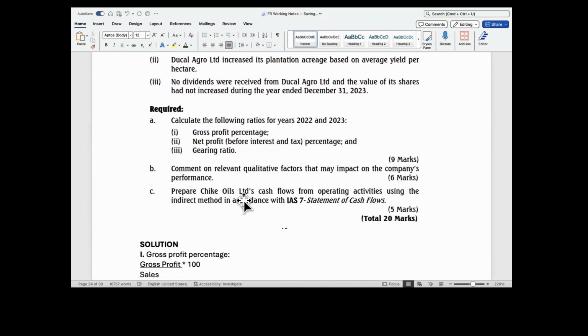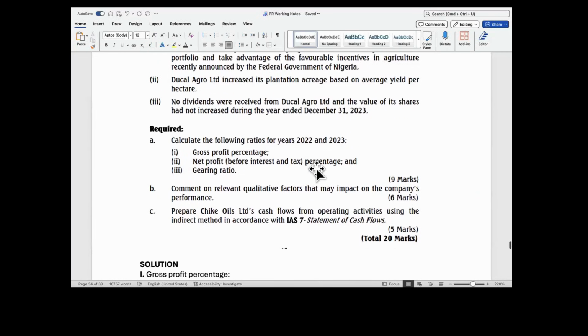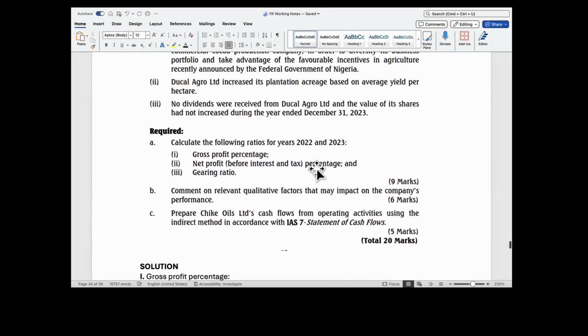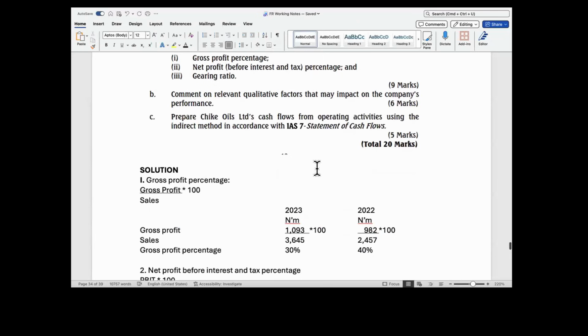Now, the C talks about that we should prepare Chike's Oil's limited cash flows from operating activities. Okay, so we haven't done cash flow statement, so let me not even go into this. Most likely, I'll teach you cash flows next, immediately after I'm done with sustainability reporting.